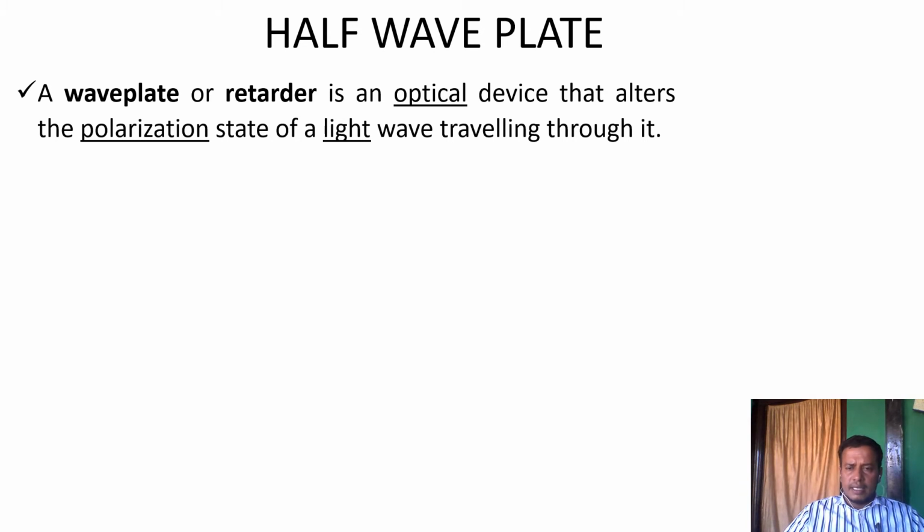These are optical devices which alter the state of polarization. So if the polarization is in one direction, it may be changed to some other angle, or completely like this. So it can rotate its state of polarization as the light travels through it. These are called wave plates.